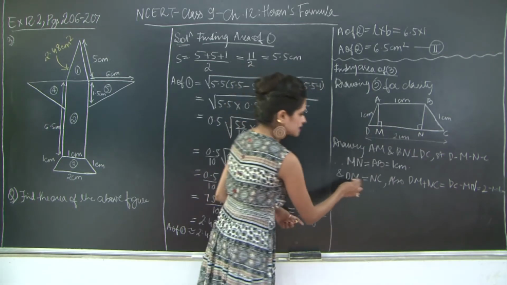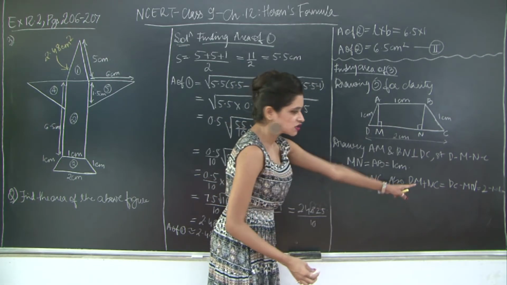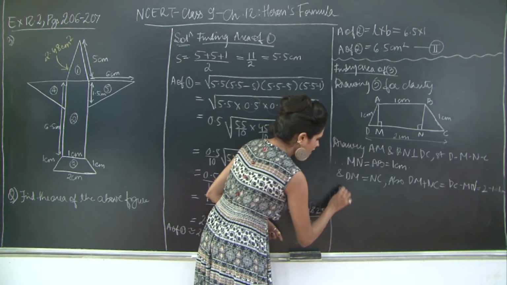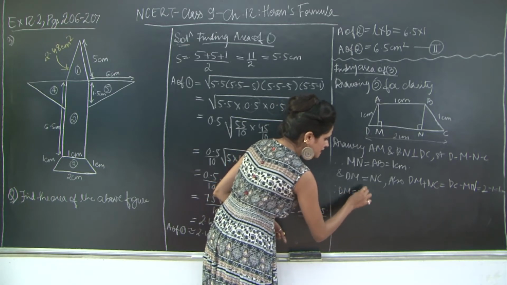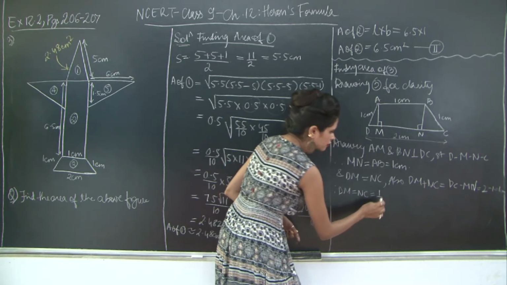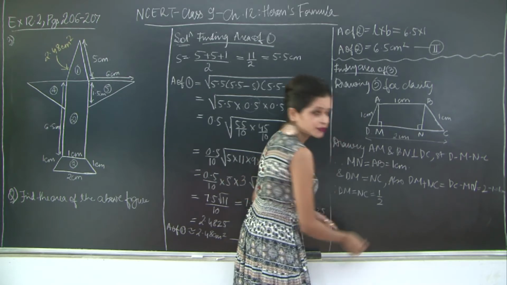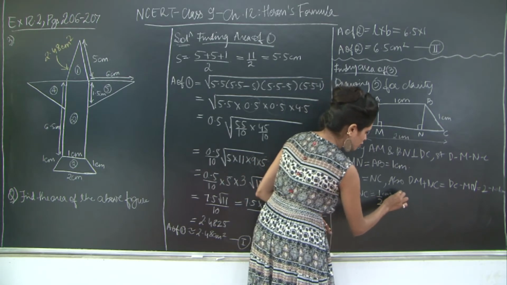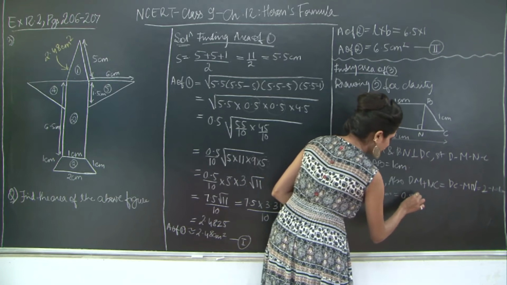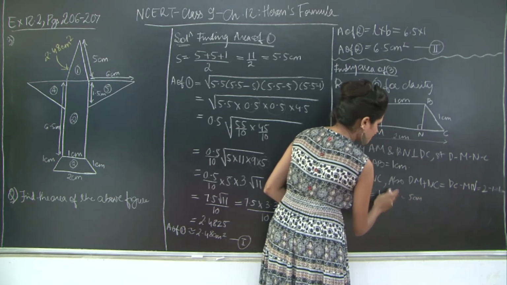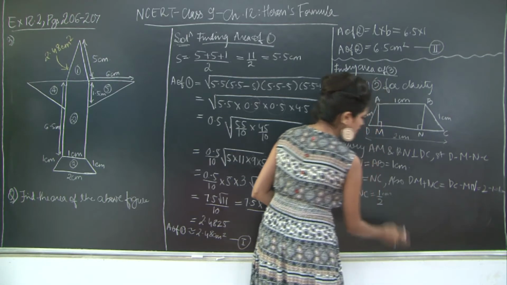Right? Now since these two are equal and their sum is 1 centimeters, therefore I have DM is equal to NC, which is equal to 1 divided by 2. Right? 1 centimeters divided by 2, which is going to be equal to 0.5 centimeters. Or you can just leave it as 1 upon 2 centimeters.